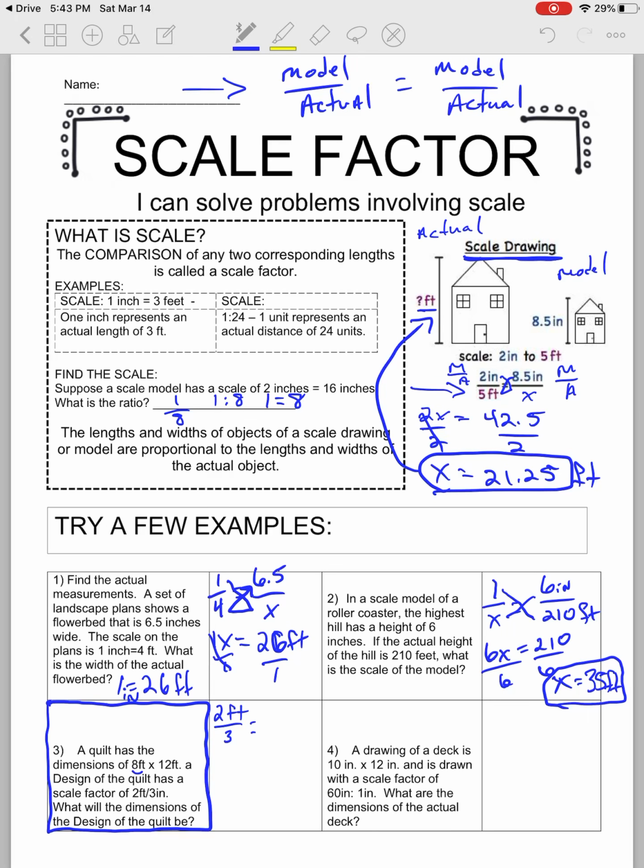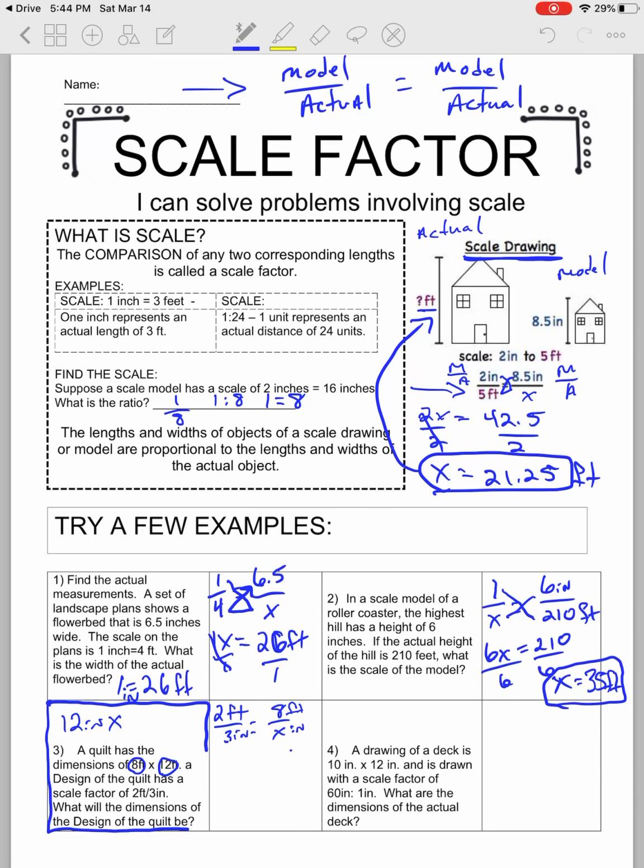Well, let's see. We have to do one side at a time. So we have 8 over top of x, 8 feet, and it'll be in inches. Cross, multiply, and divide. What you'll get is 2x is equal to 24. If you divide by 2, x will equal 12. So our first measurement is 12 inches. Okay. Now I'm going to have to erase just a little bit of that so I got room to write again.